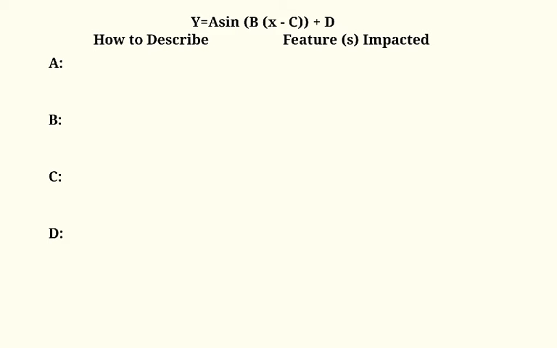We saw that if the absolute value of a was bigger than 1, then our graph had what we called a vertical stretch. If the absolute value of a was between 0 and 1, then we had a vertical shrink or a compression. Some people call it a compression. We'll probably call it a shrink most of the time.